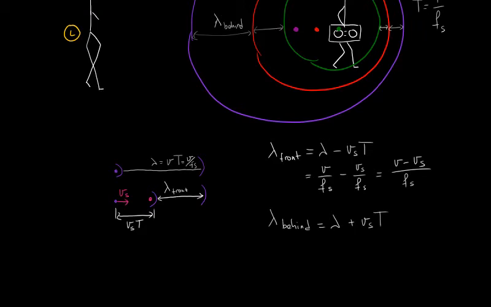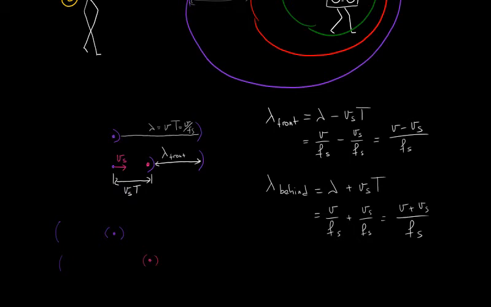In this case, we will have v over frequency of the source plus v source over frequency of the source, and we have v plus v source over frequency of the source.